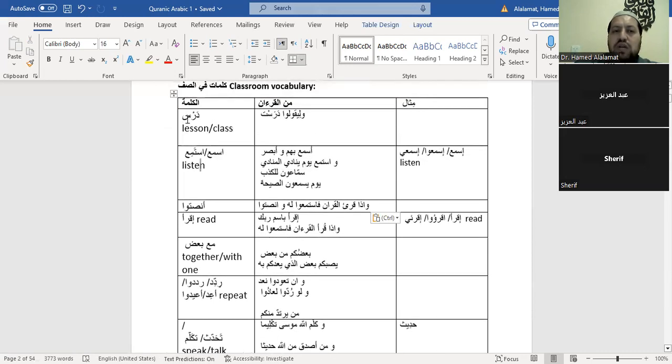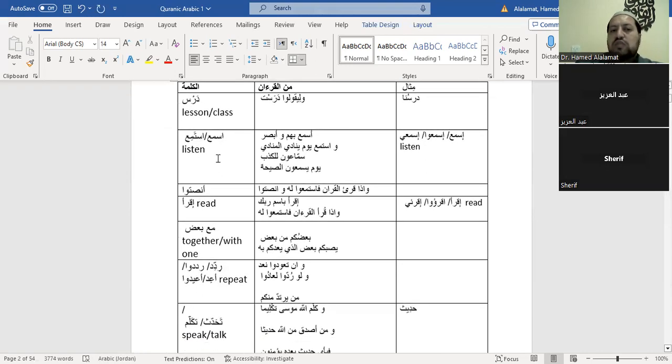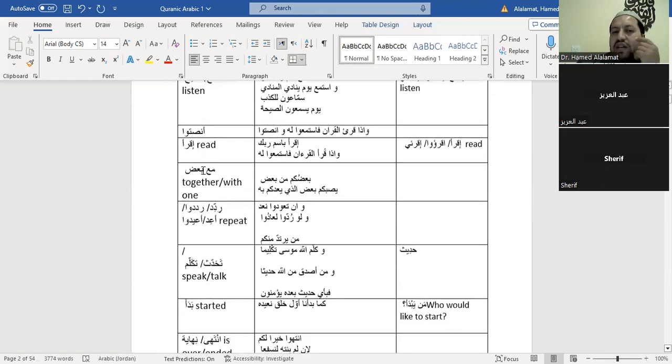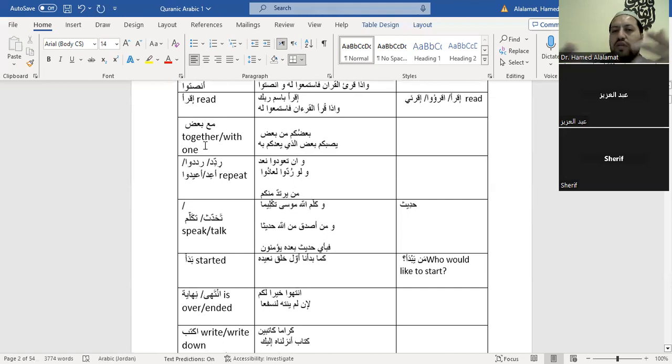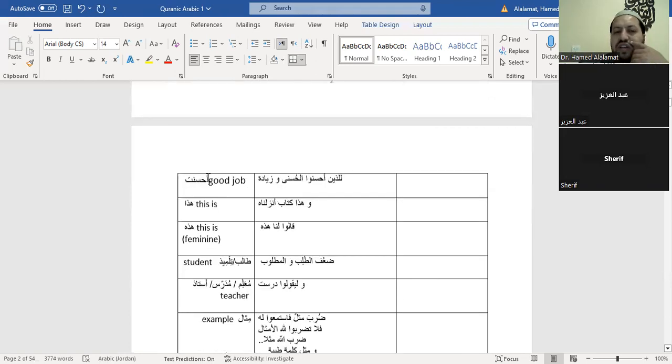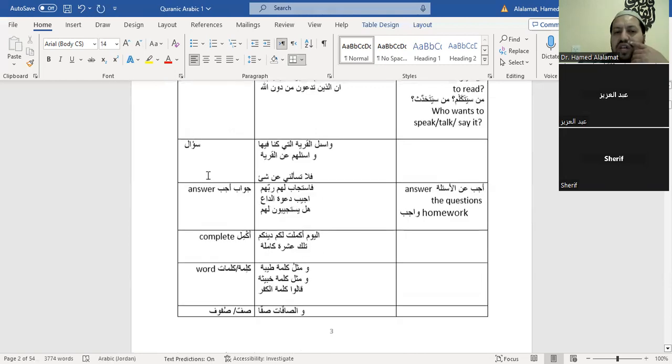So sometimes we say, like, our class today, our dars today, darsuna. So our lesson today is... اسمع, استمع, listen, اقرأ, read. So all of these, مع بعض, together, speak together. All of these are vocabulary that most likely we'll be using in the class here and there. So we'll start with them, inshallah.